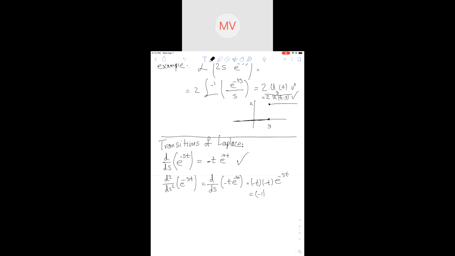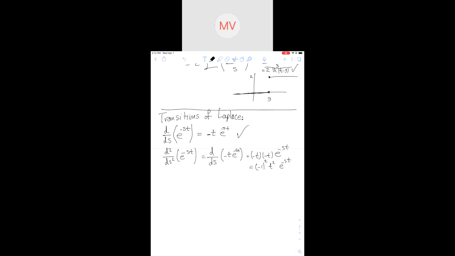But I'm going to write it this way: negative 1 squared, t squared, e to the negative st. For the same reason, let me write the first one as negative 1 to the first, t to the first, and then e to the negative st.